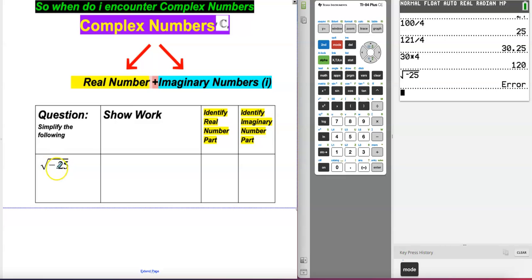Now, in order to get rid of this negative under here, it is going to turn into an i. And let me show you what I'm talking about. So this is like saying the square root of negative 1 times 25, because if you multiply them together, you're going to get negative 25.